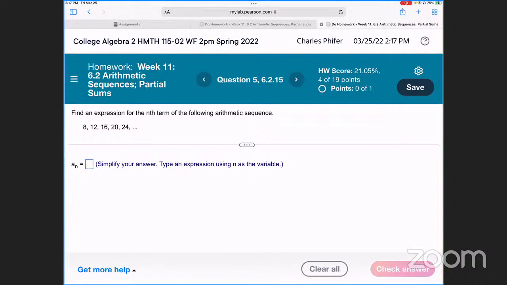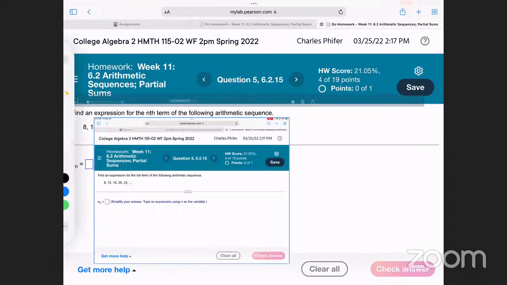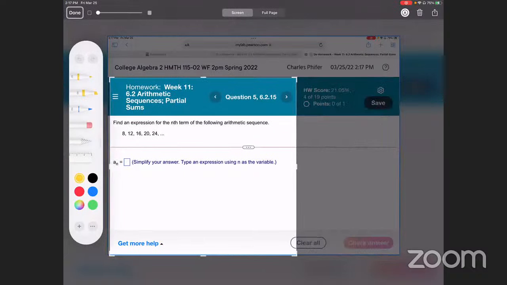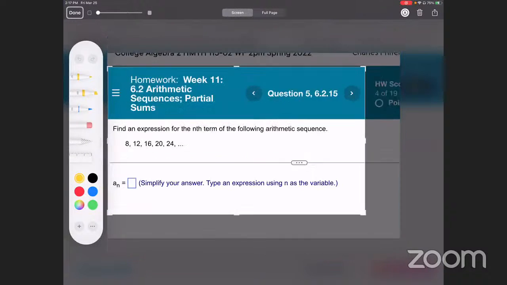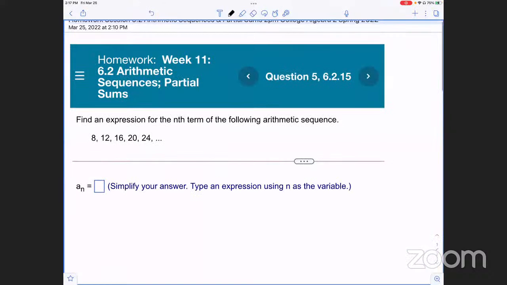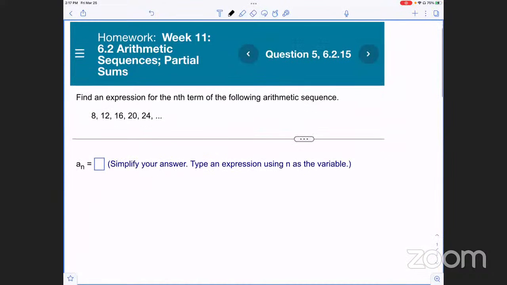Okay, let's take some notes here. The nth term of an arithmetic sequence.